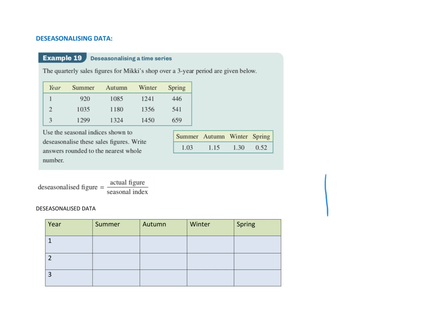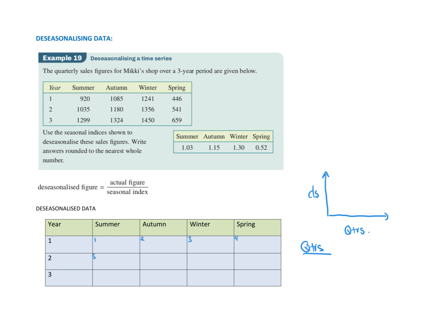So then they want us to deseasonalize the data, because in the end what you're going to do is you're going to change your time series to be the deseasonalized values, and because this one's quarters, I'll just write the quarters along here, yeah? And we're going to deseasonalize all the values. So you can see this is actually, if you look at it, I'm going to write the quarters in blue, yeah? So this is quarter 1, 2, 3, 4.